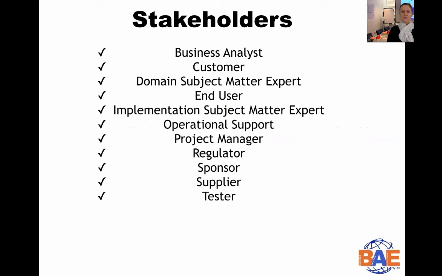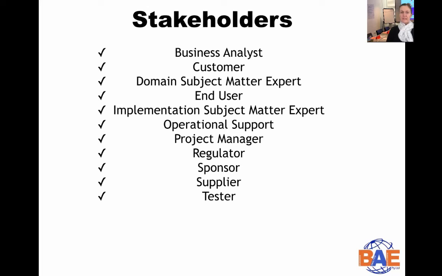So just before we finish this short video, let's run through the types of stakeholders that the BABOK has identified that business analysts tend to deal with. So obviously it's the business analyst. There's a customer, domain subject matter experts, end users, implementation subject matter experts, operational support, project manager, regulators, sponsors, suppliers, and testers.